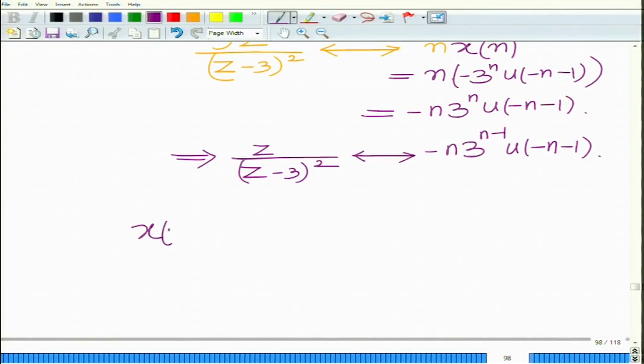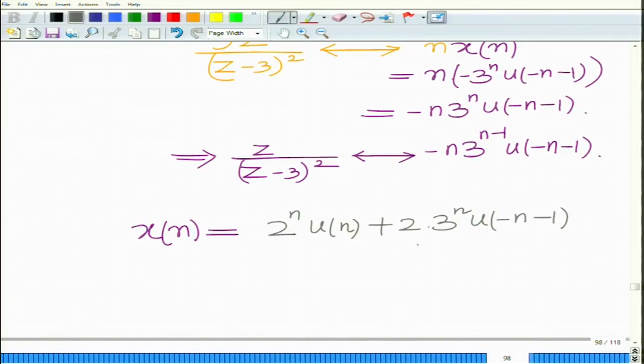Okay. And therefore, the final inverse z transform, basically we put together all the terms to get the final inverse z transform, that will be x n equals 2 raised to n u n plus 2 into 3 raised to n u of minus n minus 1 minus n into 3 raised to n minus 1 u of minus n minus 1.